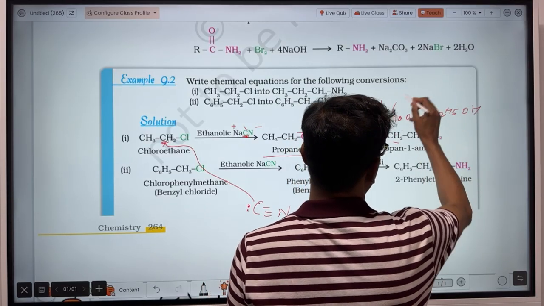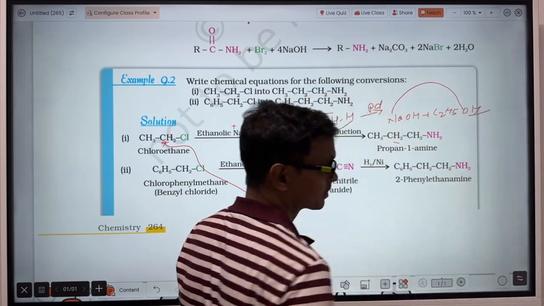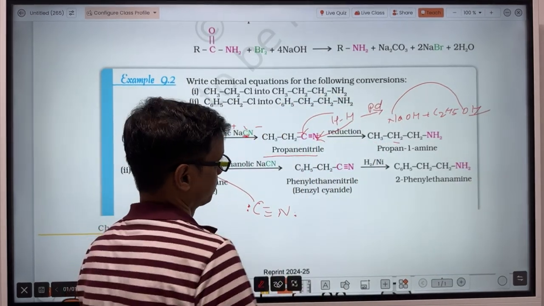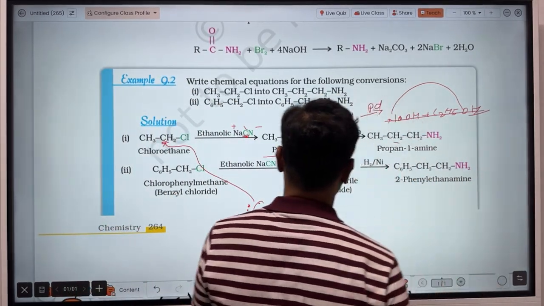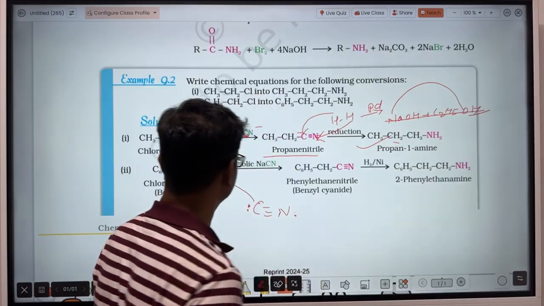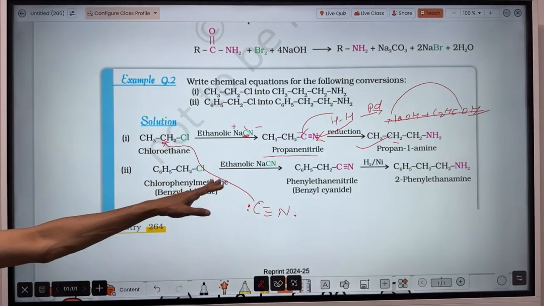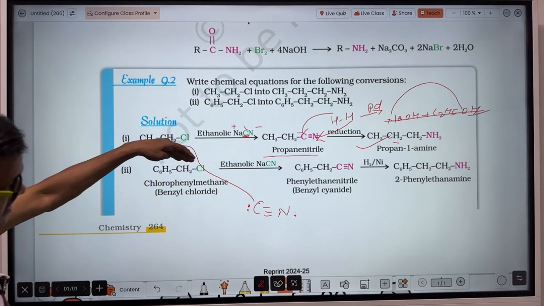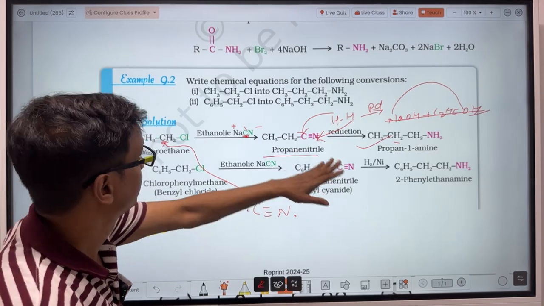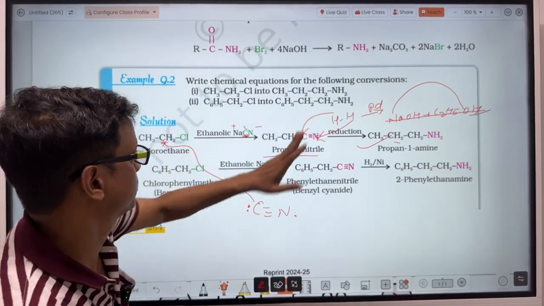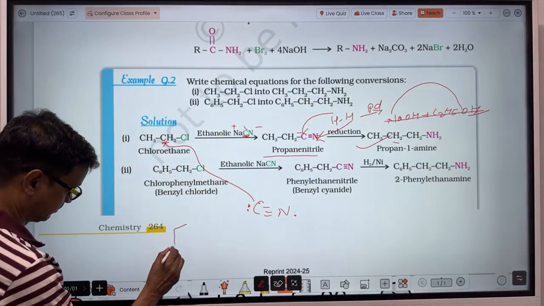So again, sodium will combine there and hydrogen will get released from there. Or any one, a number of methods are there. So when you reduce, propane 1 amine will form. This reaction is same. Actually C6H5CH2Cl here, and here again you have to form the carbon atom. Its structure is like that.